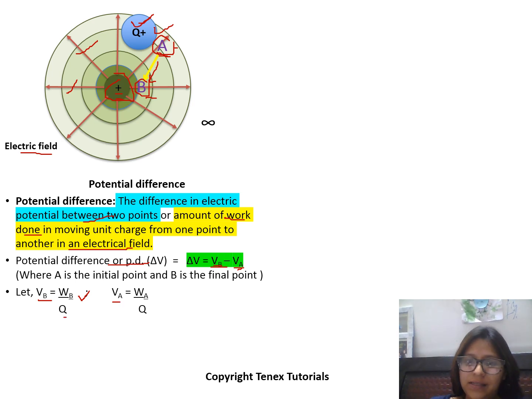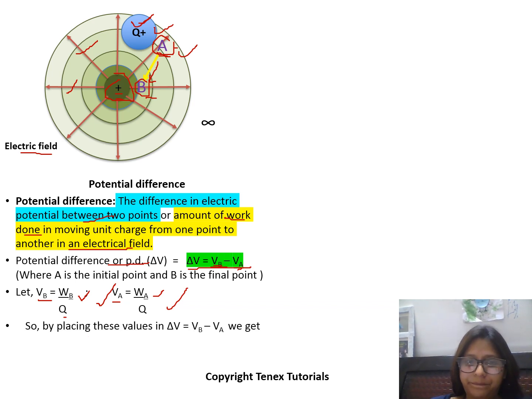And VA is equal to the work done in bringing that particular quantity of charge from infinity to a distance A, divided by that quantity of charge. So what is delta V equal to? Delta V is equal to VB minus VA. Let us put these two values in this equation.